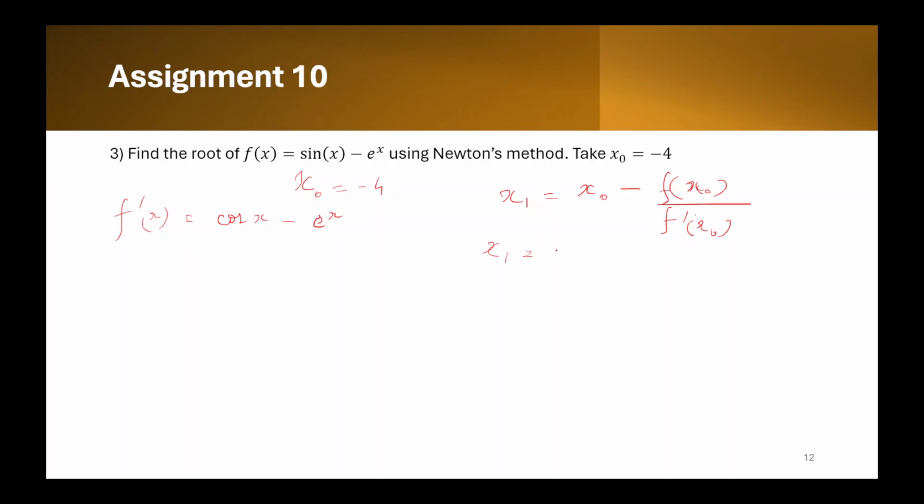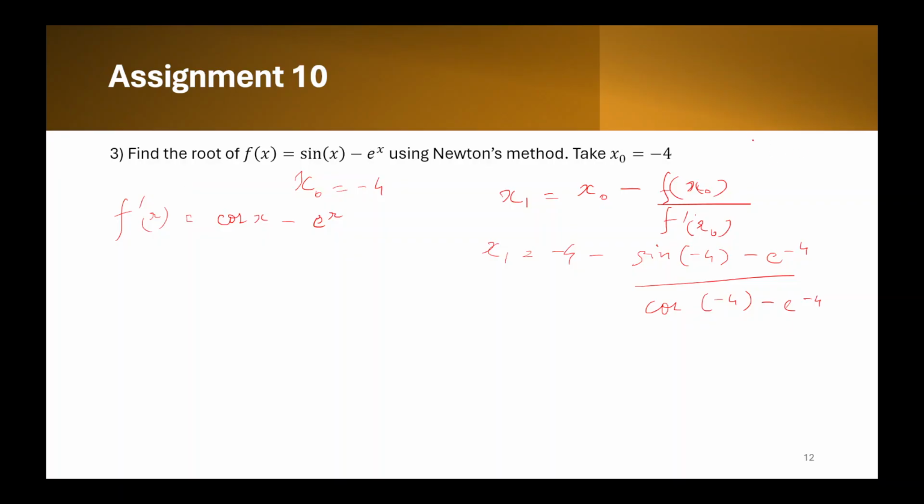So x1 will be minus 4 minus (sine of minus 4 minus e to the power minus 4) upon (cos of minus 4 minus e to the power minus 4). You compute this using a calculator.